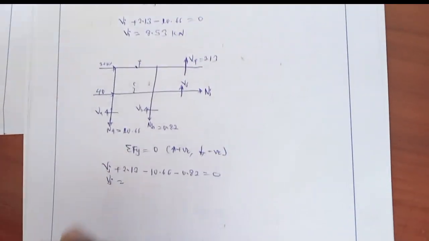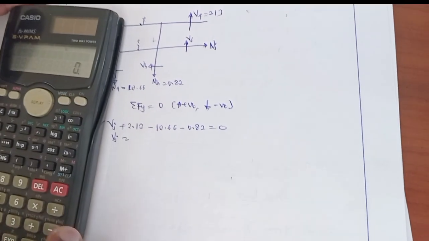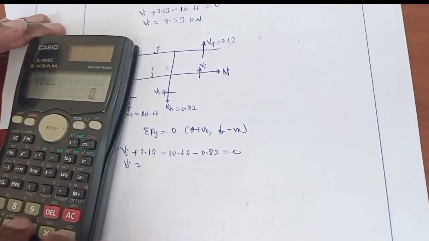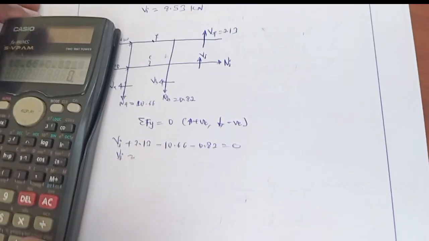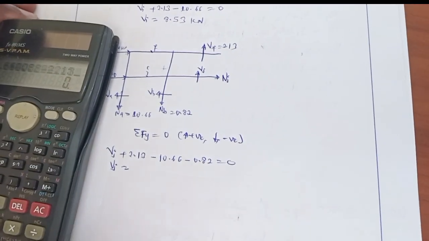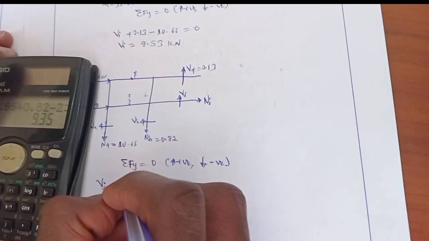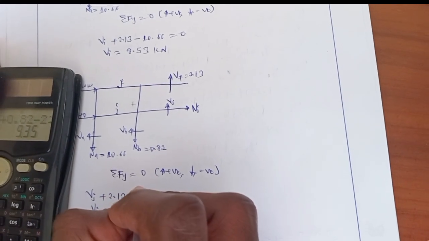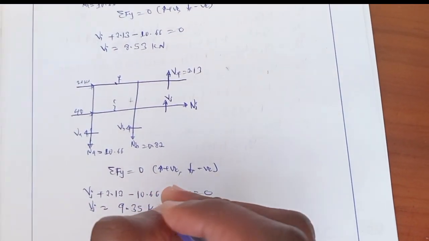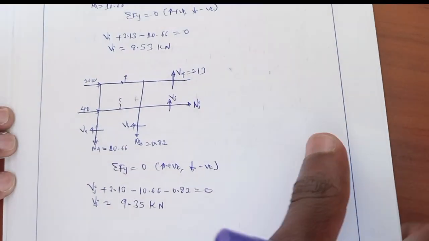VJ is equal to 10.66 plus 0.82 minus 2.13. We'll get 9.35 kilonewton. All of those are the shear force of horizontal members.